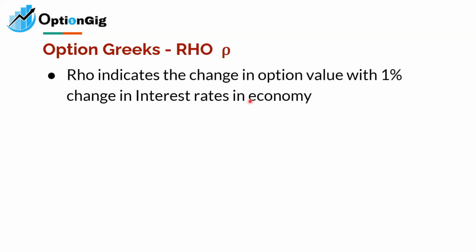Rho: as a retail options trader, I do option trades maybe 30, 60, 75 days out. I don't have to worry too much about Rho, because this tells us how the option value will change with a 1% change in risk-free interest rates.